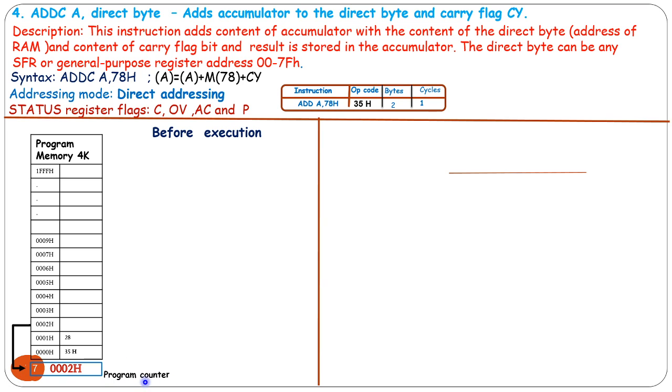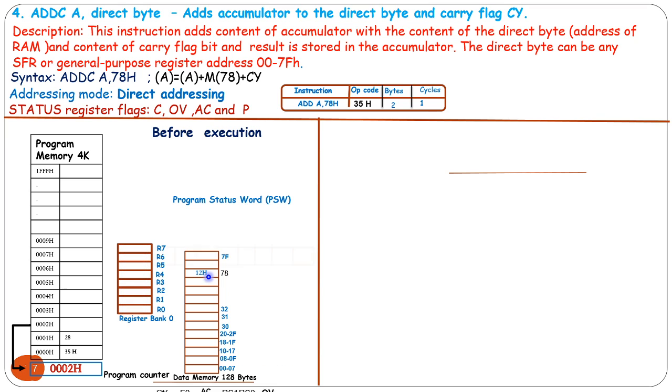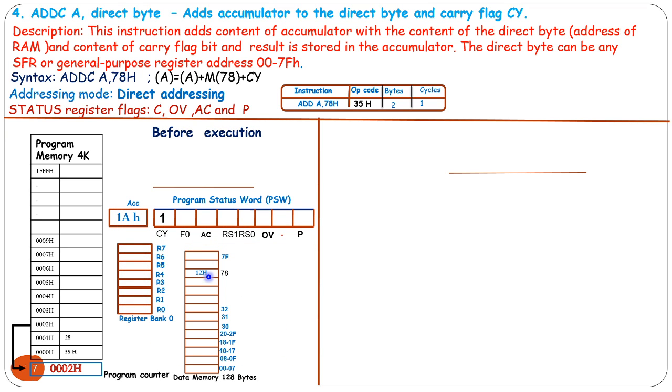So this is the content of program counter register, which gives the address of the next instruction to be executed. Now what about the memory? So 78 gives content that is 12H. So this 12H and the content of accumulator, that is 1AH, are added.